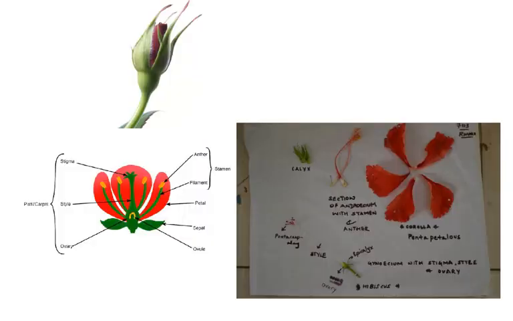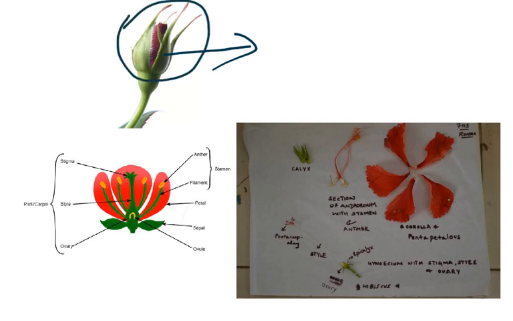The next part we are going to see is sepal. Sepal you can see in a bud. In a bud, we can see a green colored leaf-like structure which covers the whole bud or flower.